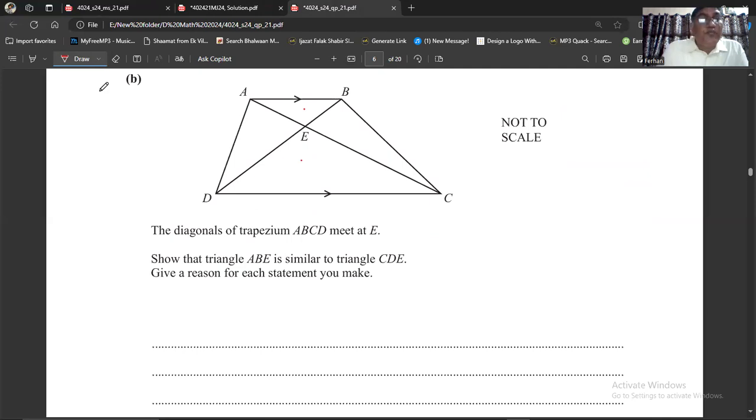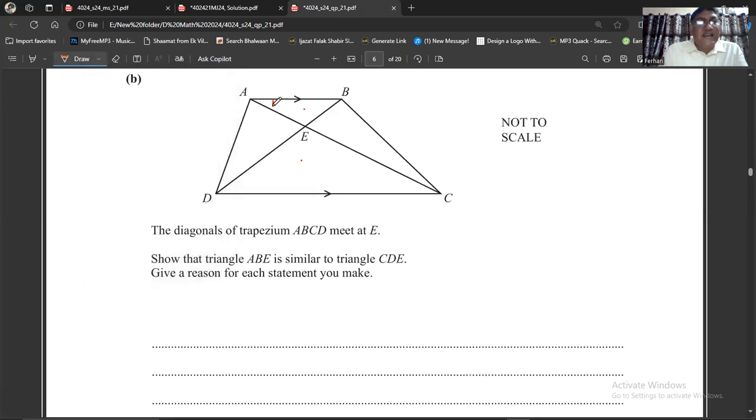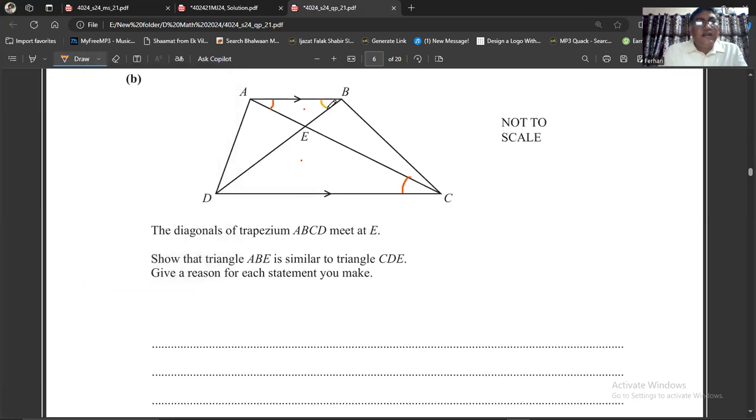statement you make. So let me change the color of this writing. I am saying that this angle will be equal to this angle, and the reason is they are alternate to each other. And then this angle is equal to this angle. The reason is they are the alternate angles of parallel lines.